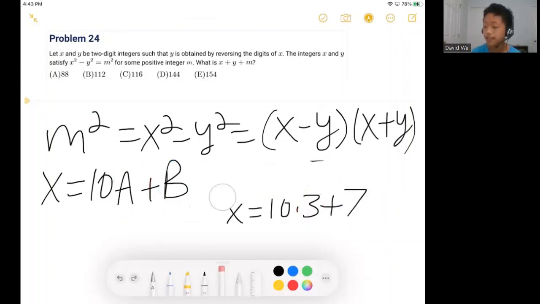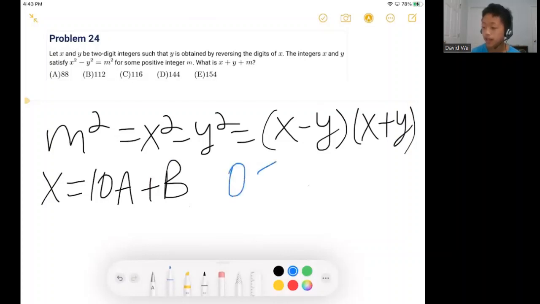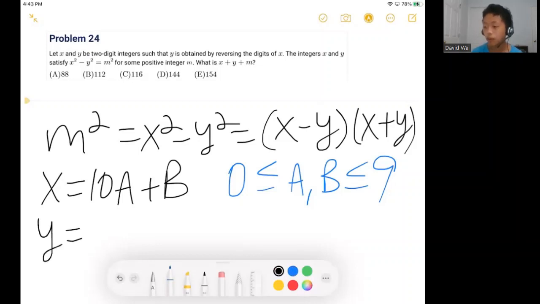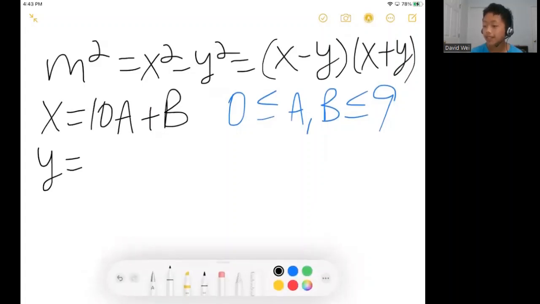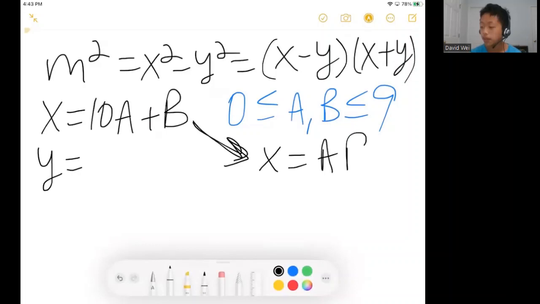That tells us that a and b are between 0 and 9. The reason this is helpful is because we know that y is obtained by reversing the digits of x. So x is 10a plus b, which is essentially saying x is the two-digit number ab.